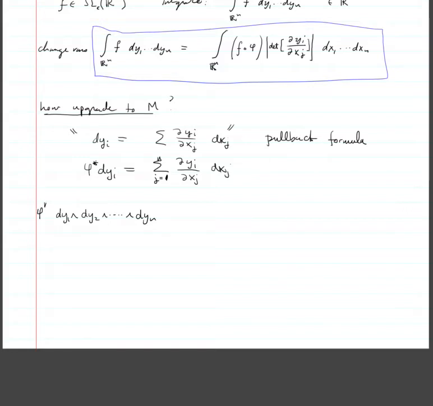If we take the pullback of this whole thing, what we're going to get is a wedge product of all of these expressions, right?